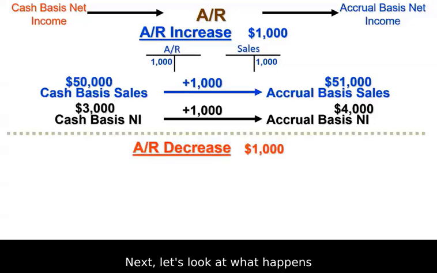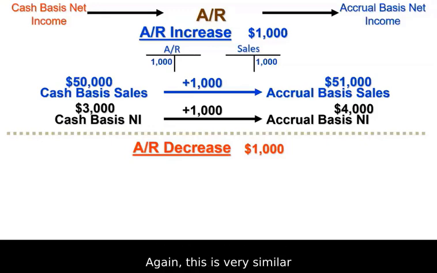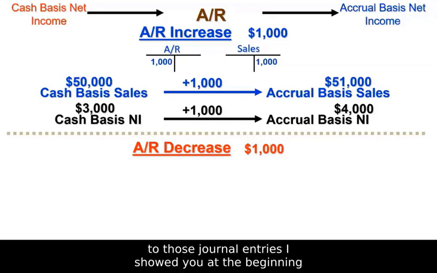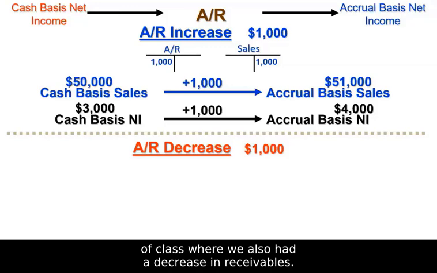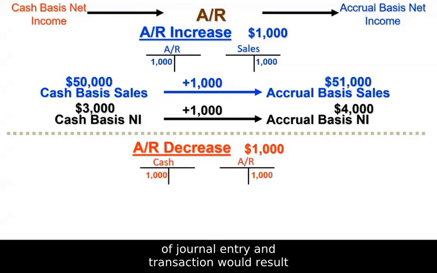Next, let's look at what happens if accounts receivable decreases. Again, this is very similar to those journal entries I showed you at the beginning of class, where we also had a decrease in receivables. Our second question that gets answered is what kind of journal entry and transaction would result in a decrease in receivables?